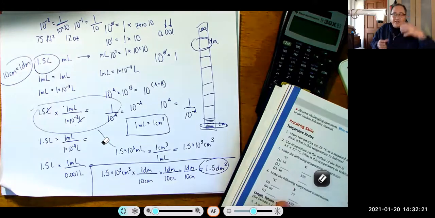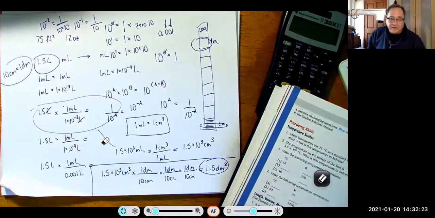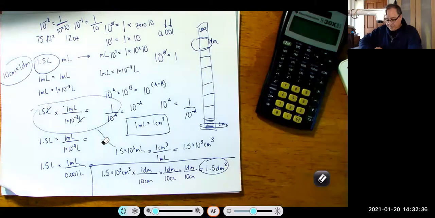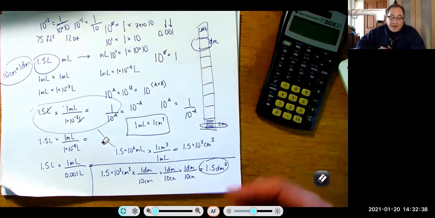So if you have a liter, that's 1 decimeter cubed of liquid, which means 10 centimeters by 10 centimeters by 10 centimeters. In this case, times 1.5.